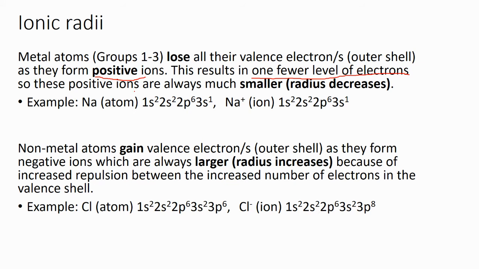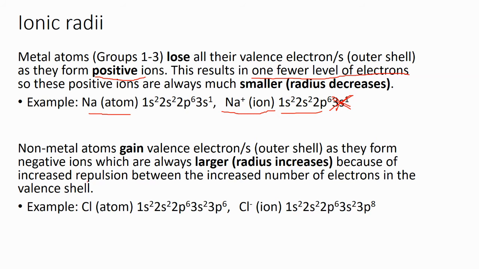So these positive ions always are much smaller. Now here's an example to explain what I mean. We've got a sodium atom going to a sodium ion. Why does the sodium ion have a smaller radius? We need to be able to explain that we've lost this electron, and so there are fewer levels of electrons, so we end up with a smaller radius.